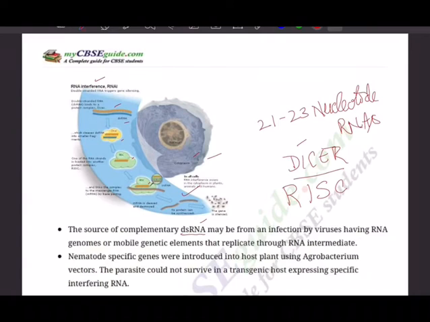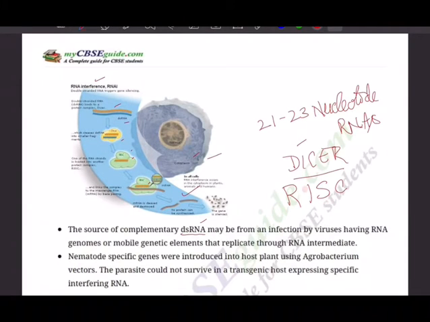The activated RISC targets complementary mRNA molecules, as you are seeing here. The siRNA strands act as guides where the RISCs cut the transcripts. This destroys the mRNA.